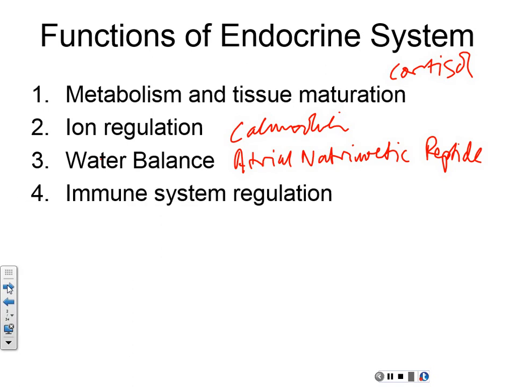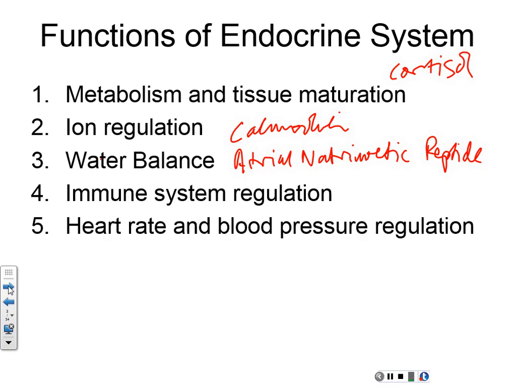And immune system regulation, and heat and blood pressure regulation. Blood pressure regulation also comes with this. The angiotensin system also regulates blood pressure: the angiotensinogen system, and the ACE, which is angiotensin converting enzyme, will increase blood pressure by constricting your blood vessels.